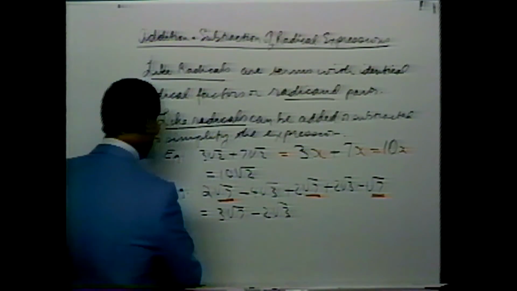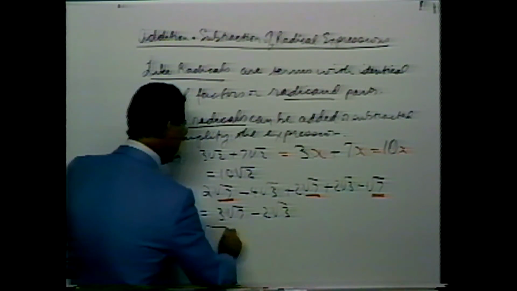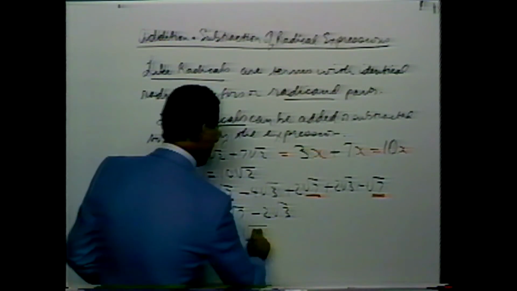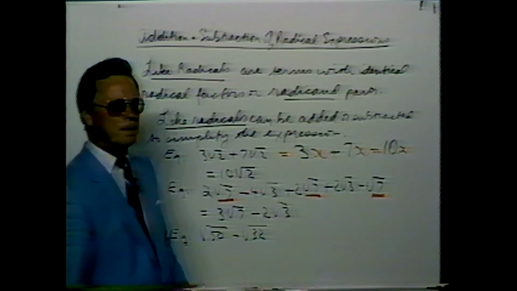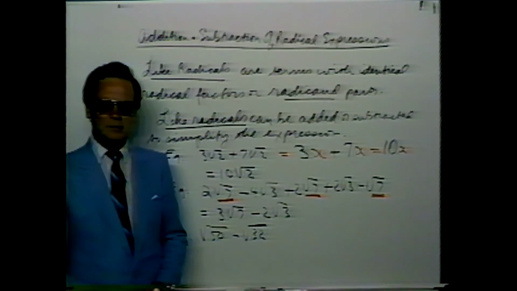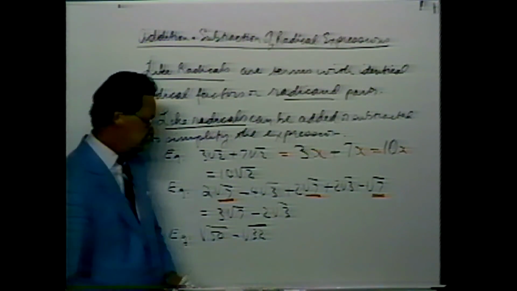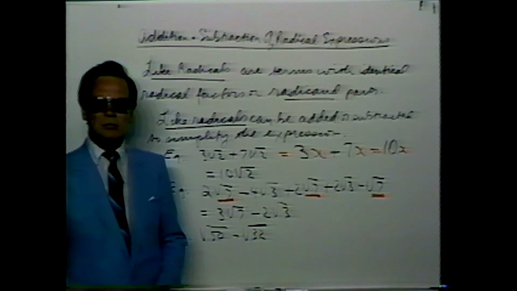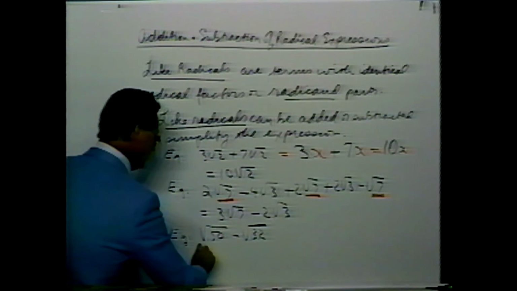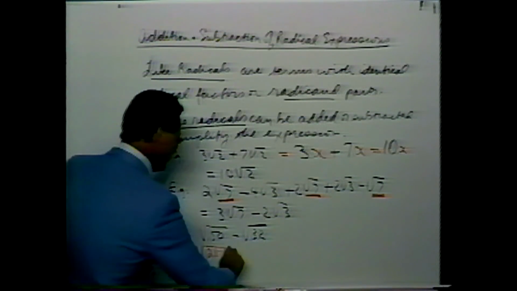One more example that you will have to be very careful with is the square root of 50 minus the square root of 32. Might seem as though the expression cannot be simplified further. But the square root of 50 is not in its best form. Neither is the square root of 32. Simplifying the square root of 50, look at the square root of 25 times the square root of 2.